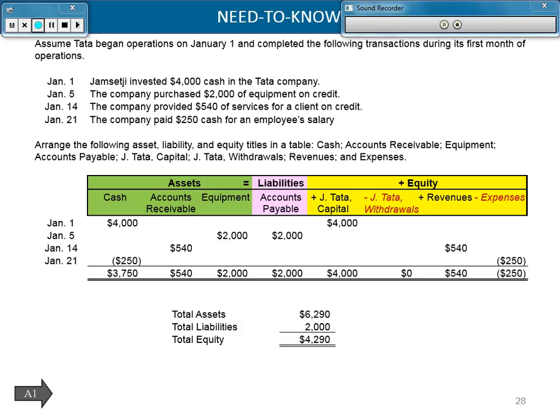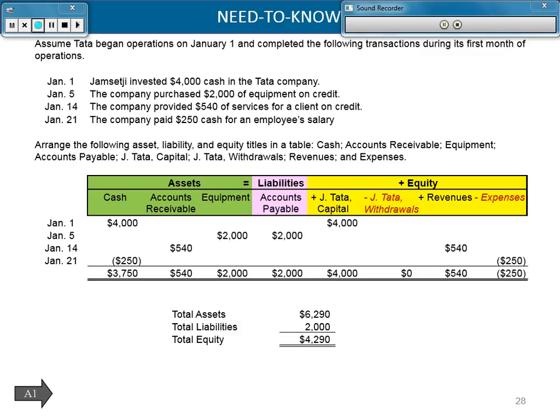January 14th, provided $540 of services for a client on credit. So what increased? Accounts receivable, because the customer is going to pay you later. And what else increased? You earned revenues. January 21st, the company paid $250 cash for an employee's salary. So what decreased? Cash decreased. But what increased?